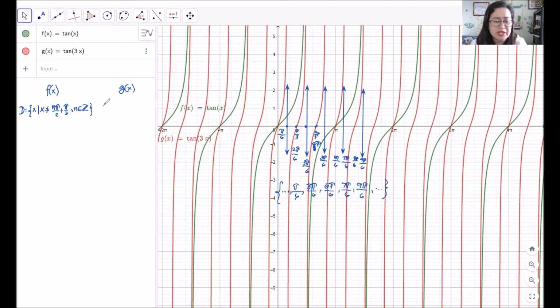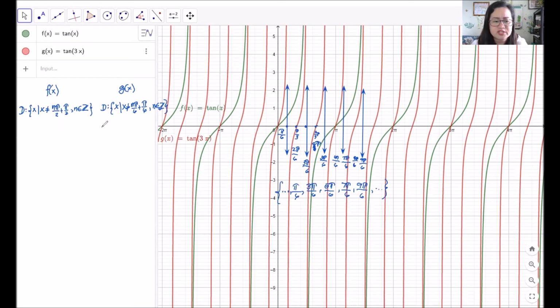So the domain of g of x is the set of all x's such that x is not equal to n pi over 6 plus pi over 6, where n is an element of the integers.